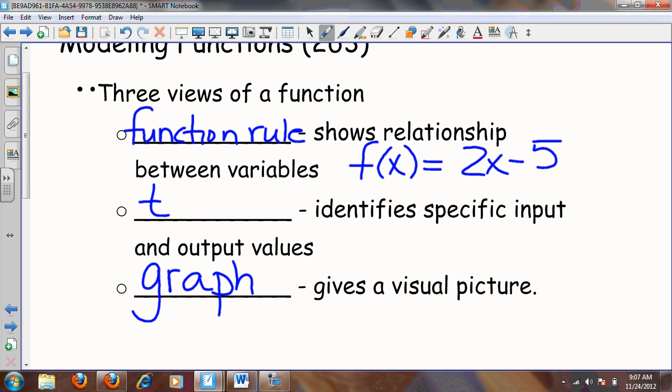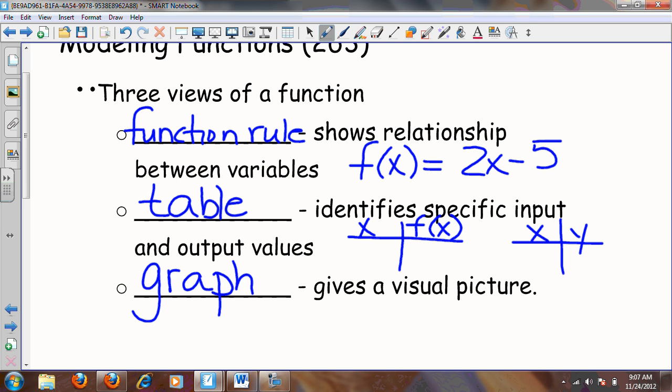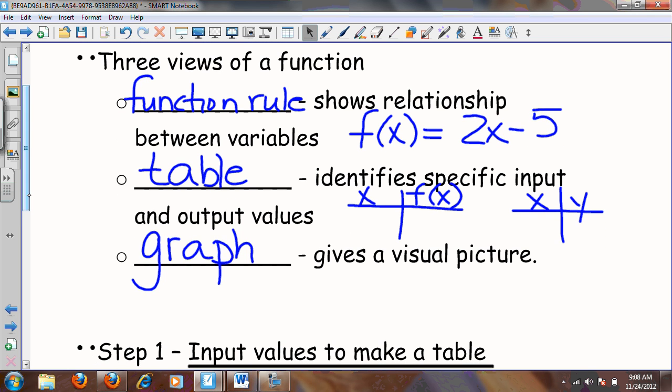Well, that is through a table, where we create our x and our f of x, or your x and your y. So these 3 things are necessary for the 3 views of a function. You are going to be given a function, create a table, and then graph.